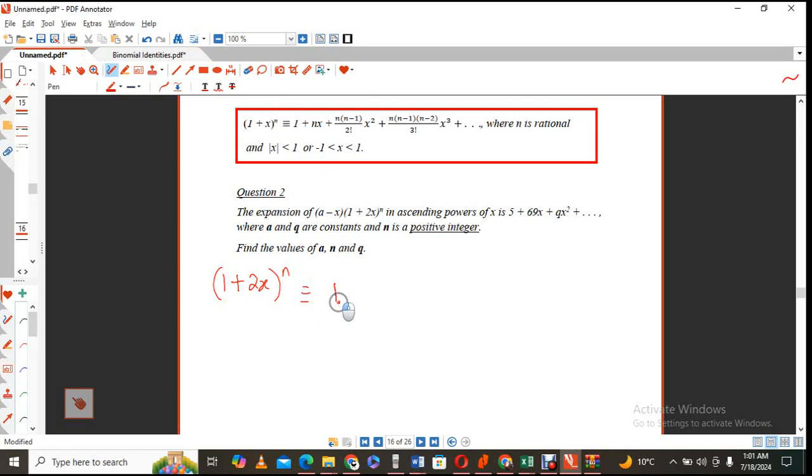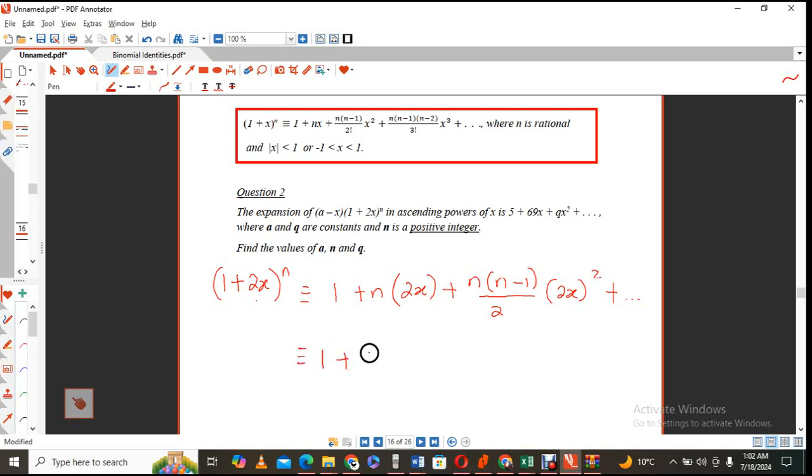So I know it's 1 plus n times our x, which is nothing but the 2x, plus the third one, which is n times (n minus 1) over 2 factorial, which is just 2, times our 2x squared. Remember, just go up to the third one. If you want to, you can rewrite it nicely for yourself.